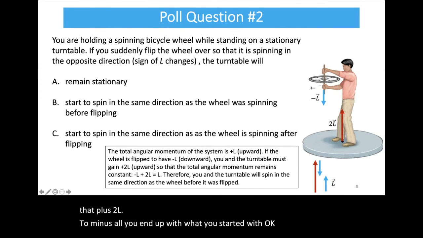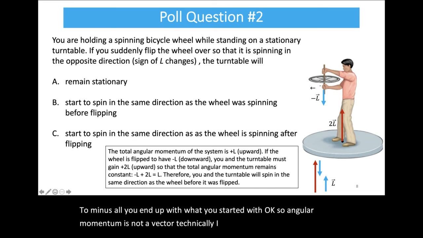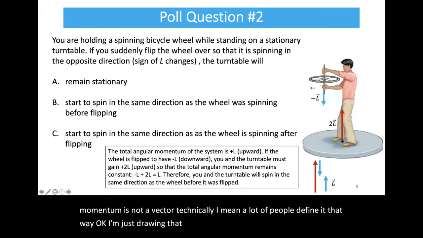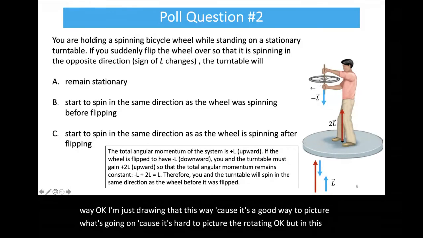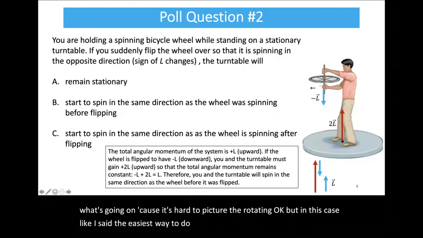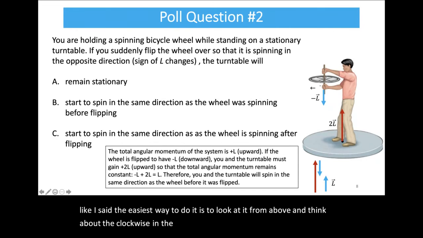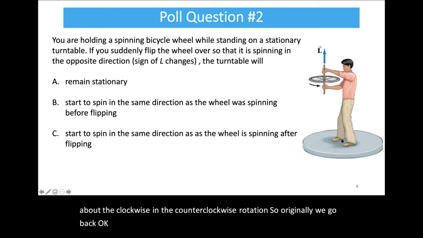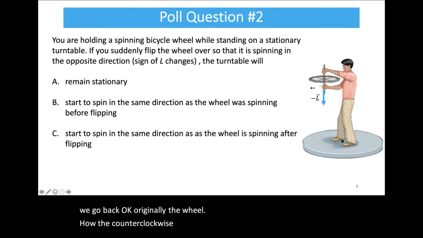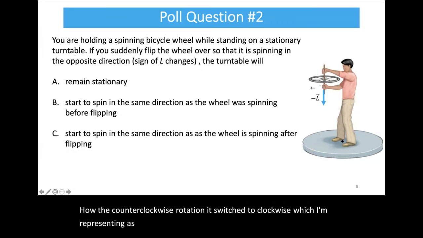Angular momentum is not a vector technically. A lot of people define it that way. I'm just drawing it this way because it's a good way to picture what's going on, because it's hard to picture the rotating. In this case, the easiest way is to look at it from above and think about the clockwise and counterclockwise rotation. Originally the wheel had a counterclockwise rotation. It switched to clockwise, which I'm representing as a down vector.